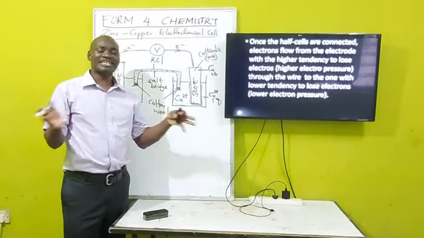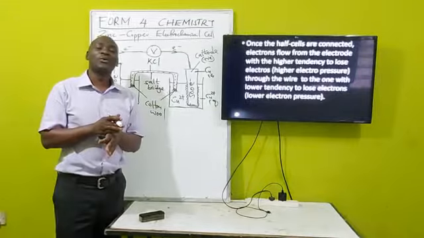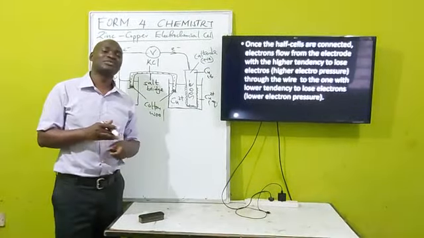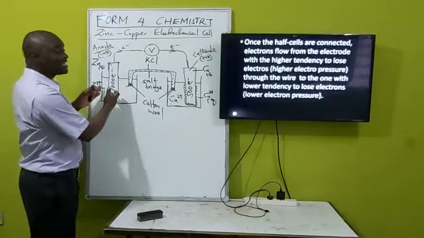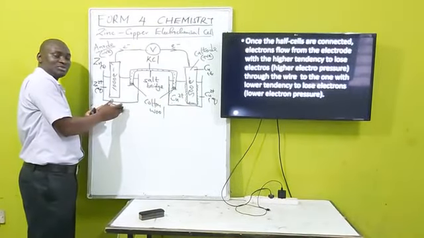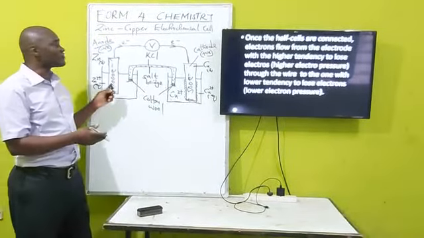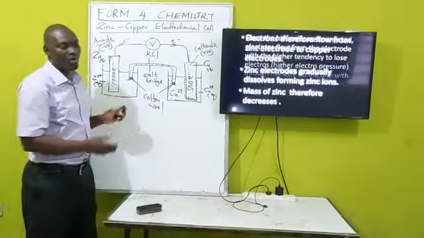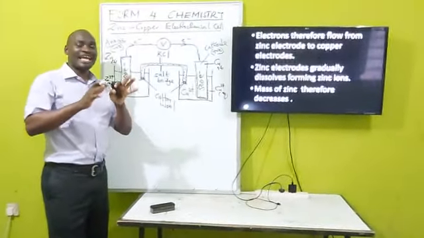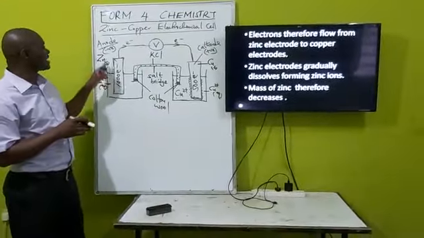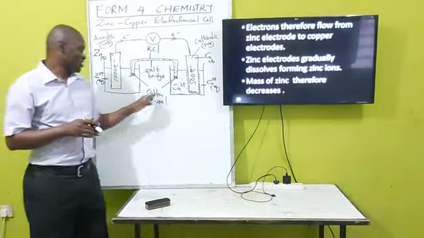So once the half cells are connected, electrons flow from the electrode with higher electron pressure, higher tendency to lose electrons. Zinc has a higher tendency to lose electrons than copper. So electrons will move from zinc to copper. Now another thing, the electrons are lost at the anode and they are accepted at the cathode.